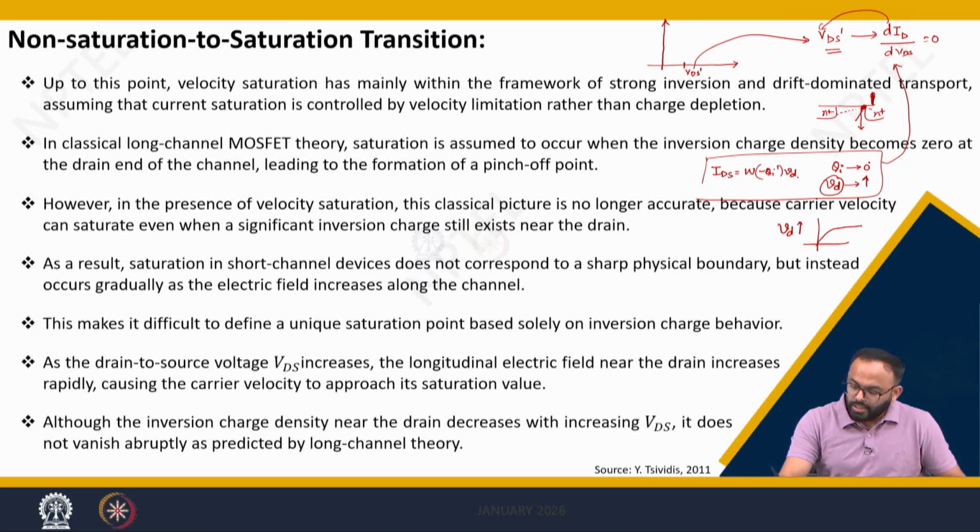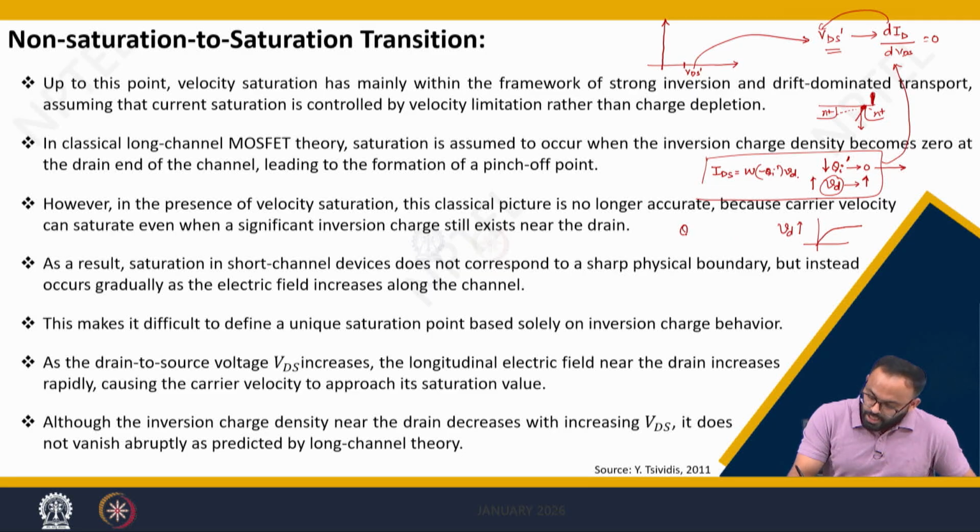So Qi dash, the inversion charge, will not go to 0; ultimately it will go to its minimum possible value. This transition to reduce Qi dash and increase Vd dash is very gradual. Qi dash will decrease and Vd dash will increase and ultimately saturate such that the product remains constant.